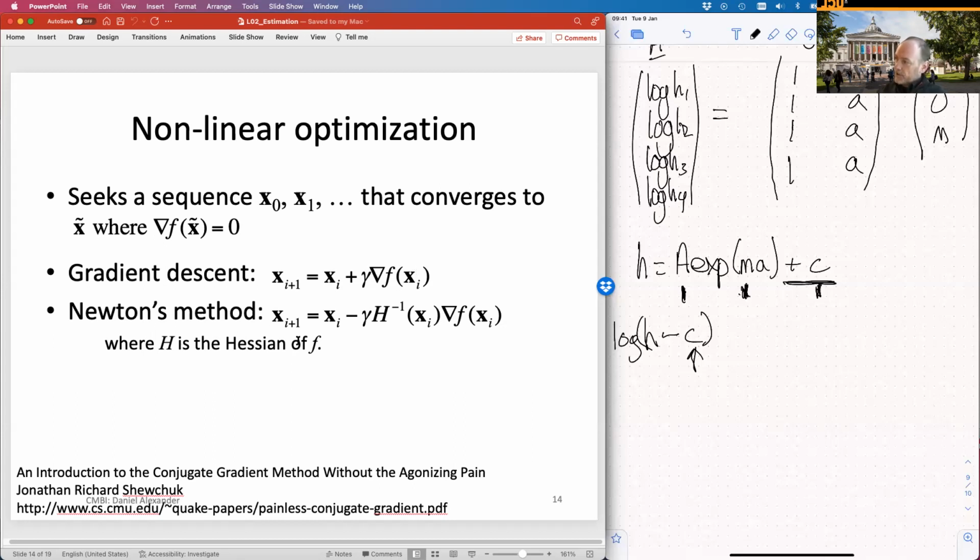A slightly more sophisticated strategy is to use not only the local gradient, but also the local curvature of the objective function surface. So this matrix H, the second derivative of f, the objective function, expresses the curvature and can allow us to make a step more directly towards the minimum of the function.